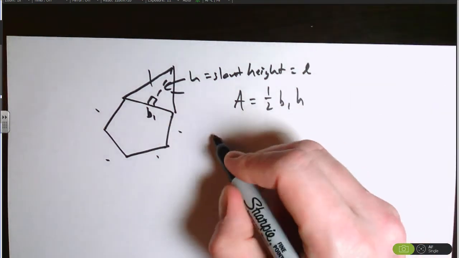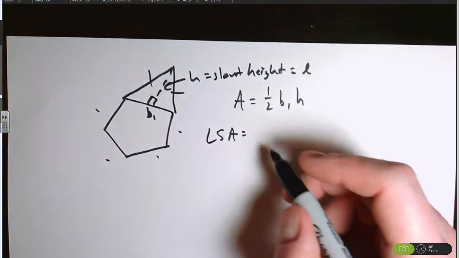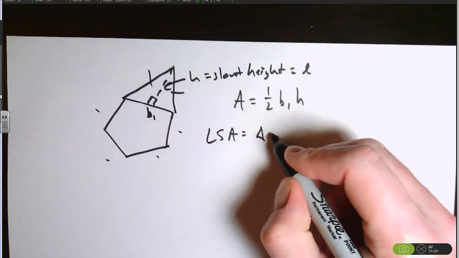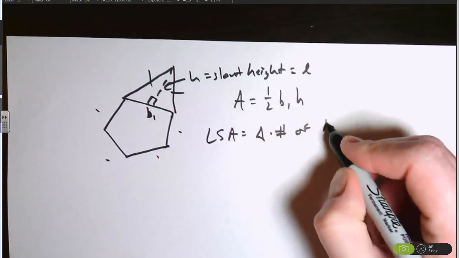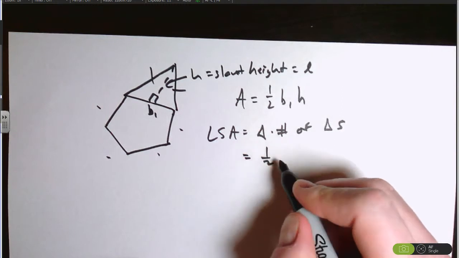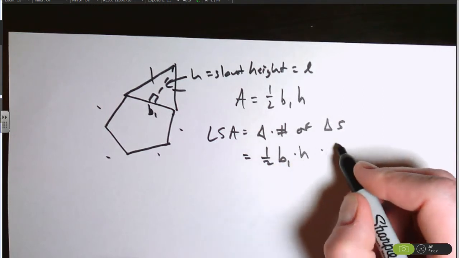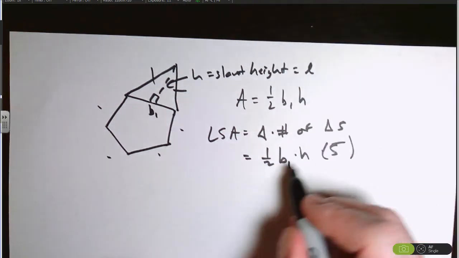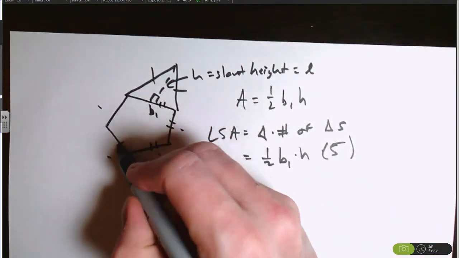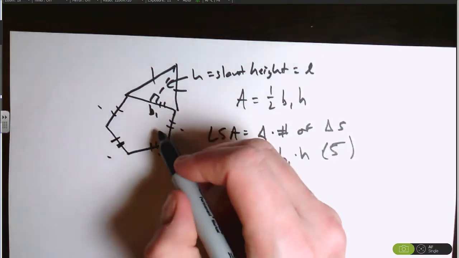So the lateral surface area at least is the triangle area times the number of triangles. So in this case it'd be 1/2 base 1 times height times 5 because there are 5 triangles. Well, what we got to remember also is this base is regular, so all the sides are the same.